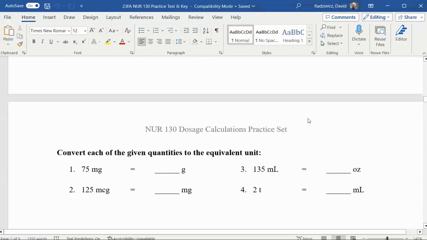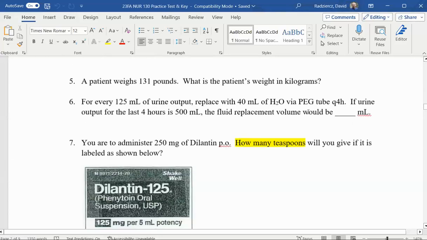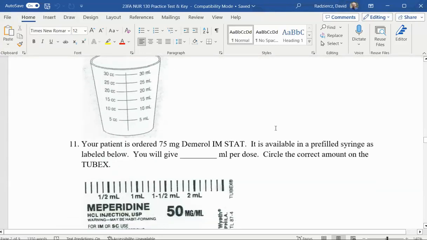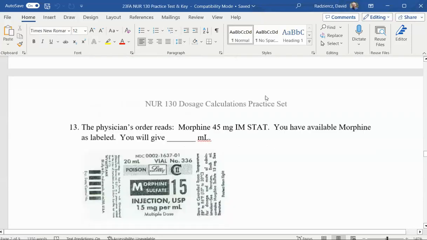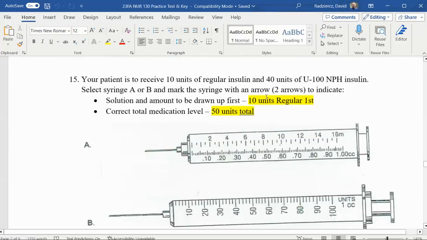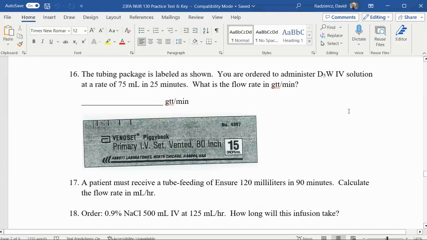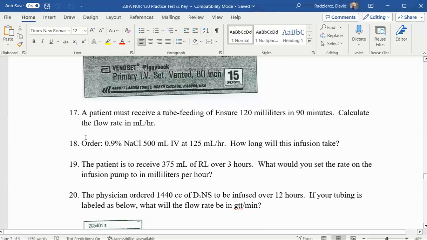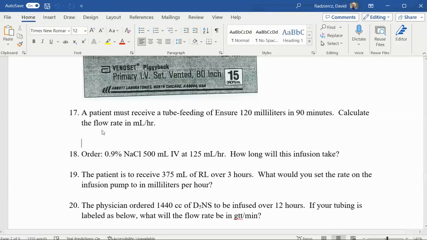Okay. So let me go, like I said, to the IV flow rate questions, just because those are new. Then we can always go back to some of these other questions if you feel like you need to see them again. Before I do 16, which is a flow rate question dealing with drop factor, let's do just some basic flow rate type questions.